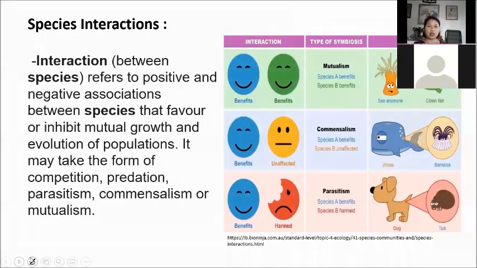Okay, for species interactions, this is an interaction between species. This refers to positive and negative associations between species that favor or inhibit mutual growth and evolution of populations.